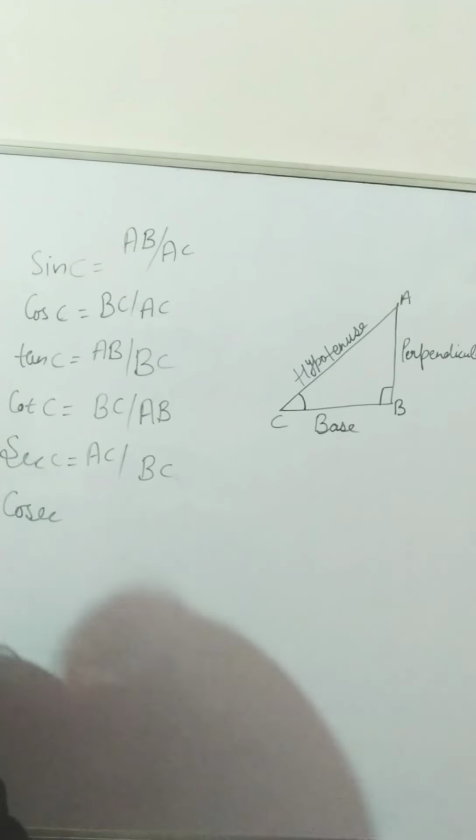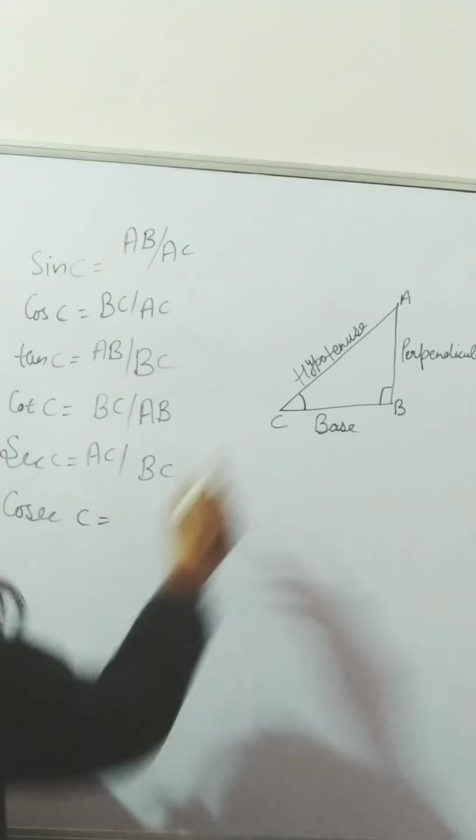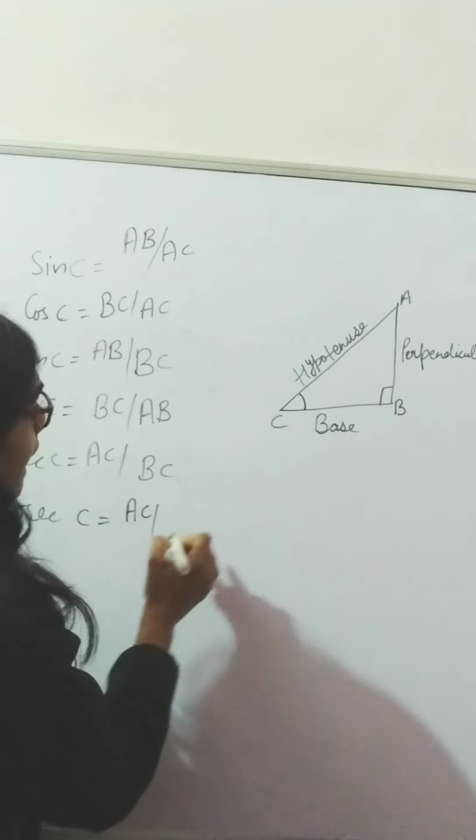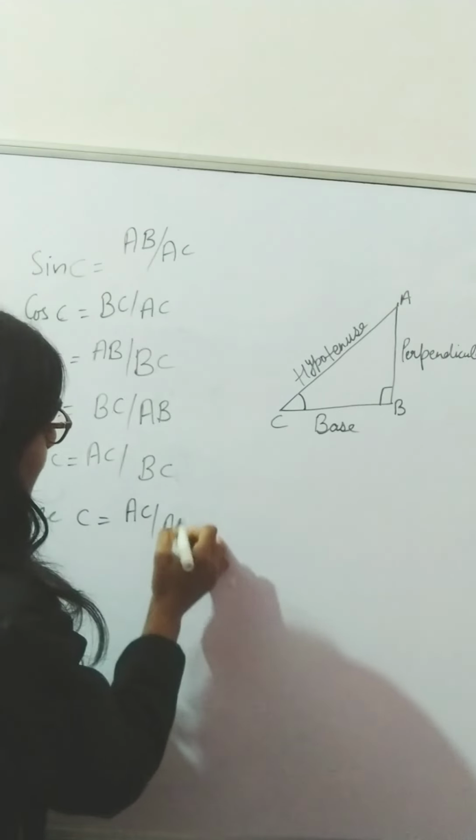Now we find cosecant of C. Cosecant of C is hypotenuse divided by perpendicular, and here hypotenuse is AC and perpendicular is AB.